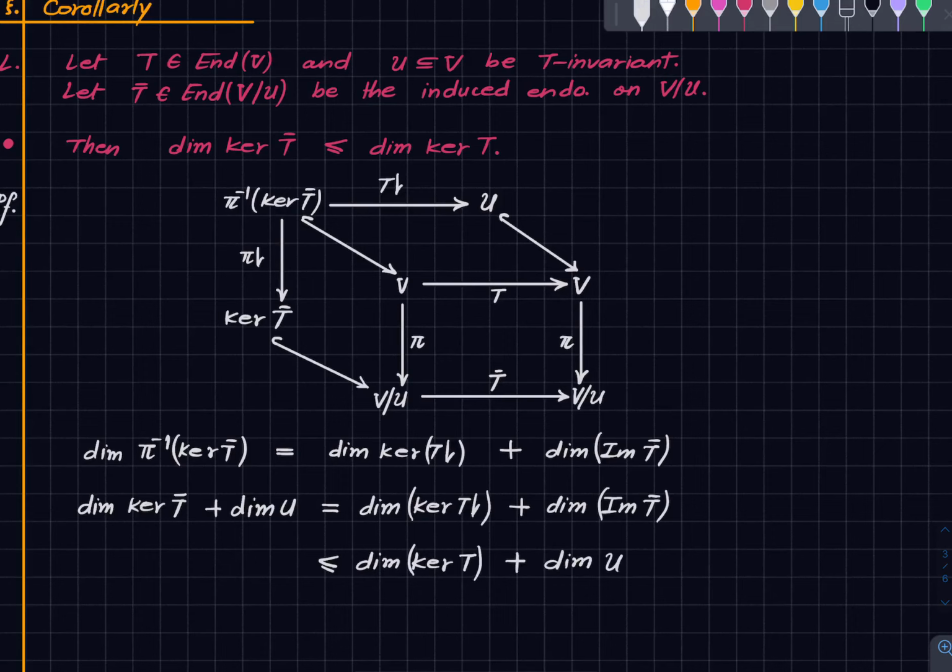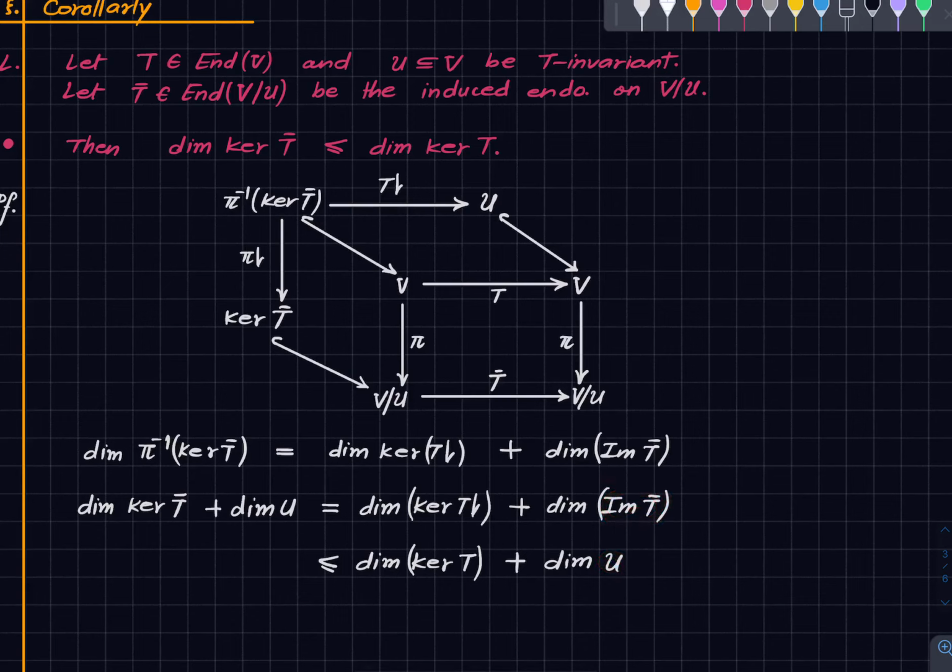so we did two things. The kernel of this guy is obviously contained there, so this dimension is at most that dimension. And the image of T bar is obviously contained there. In fact, I think it is just equal to it, but I don't need to know that. So this is contained there, and hence this dimension is at most that.